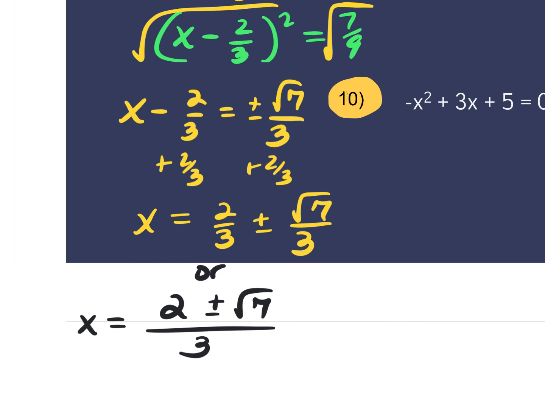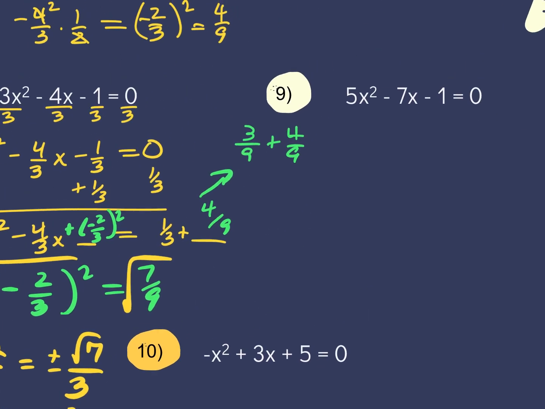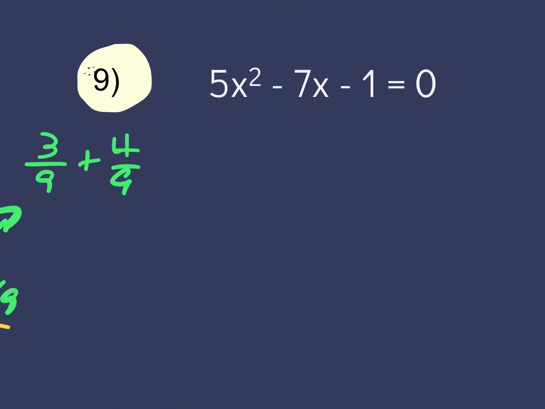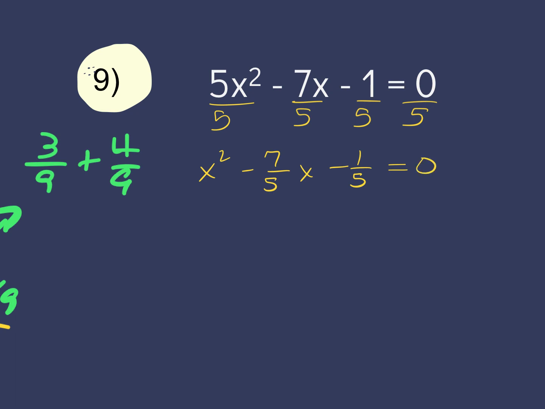All right. Number 9. Get rid of the 5. X squared minus 7 over 5 x minus 1/5. Move the constant to the other side.